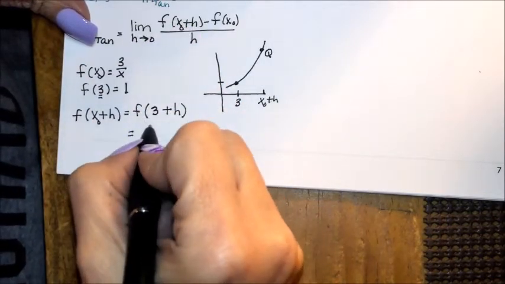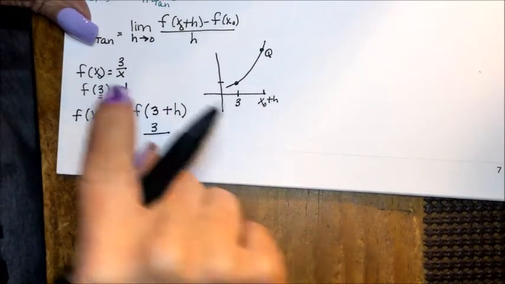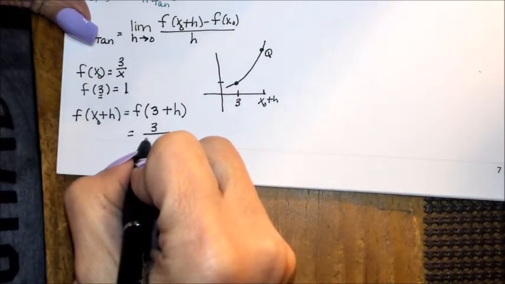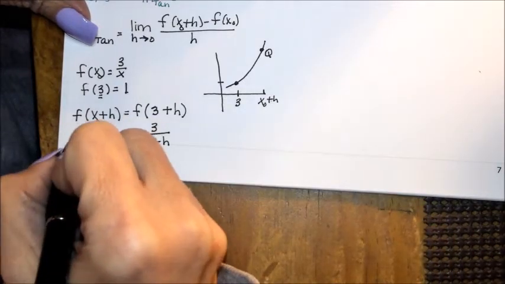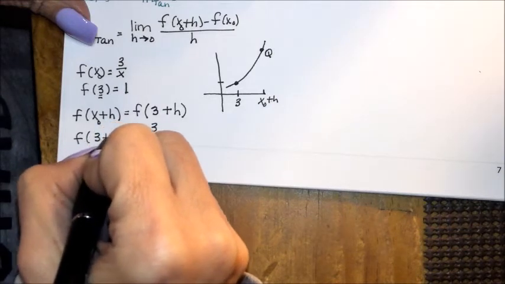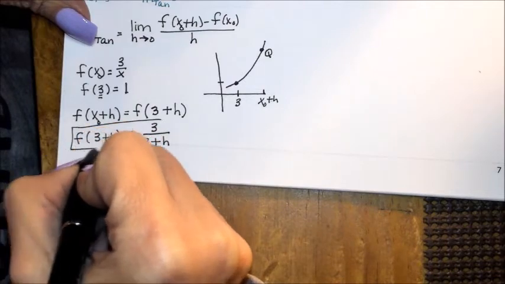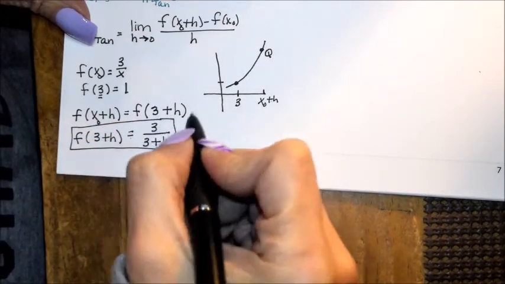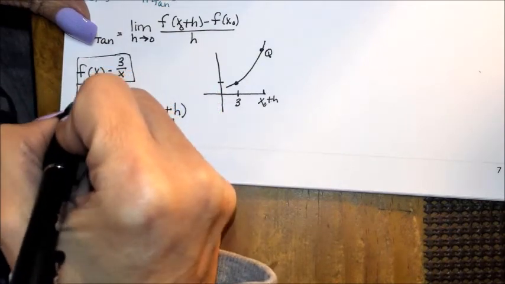So we're going to have 3 over, and then I need to plug that in, and that's going to be 3 plus h. So f of 3 plus h equals this. So I've got this one, and I've got this one.